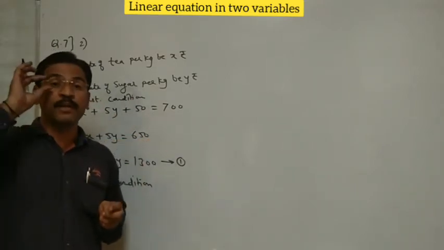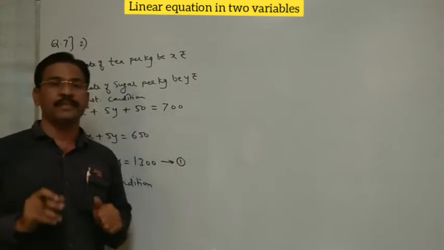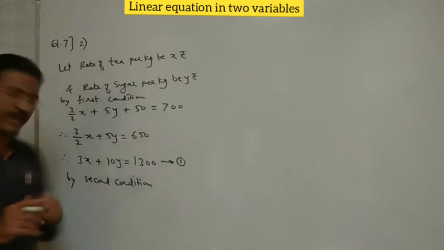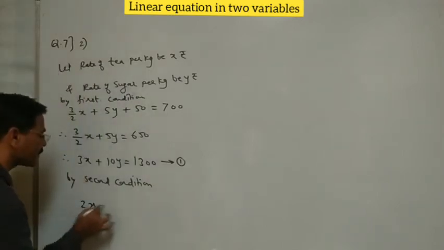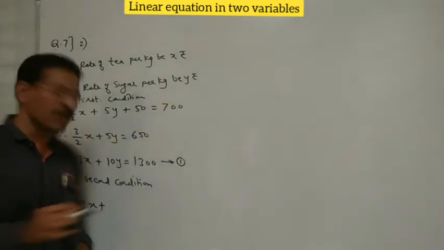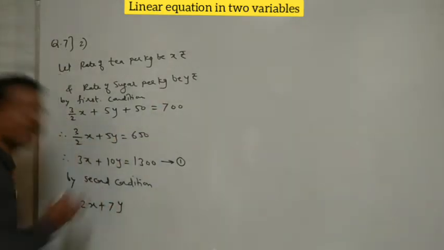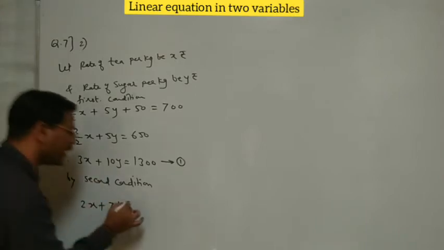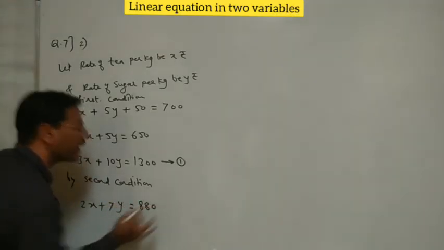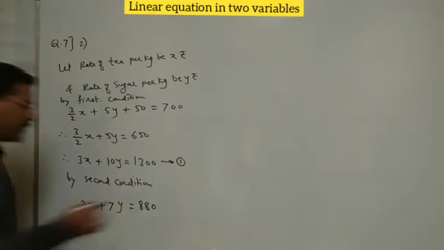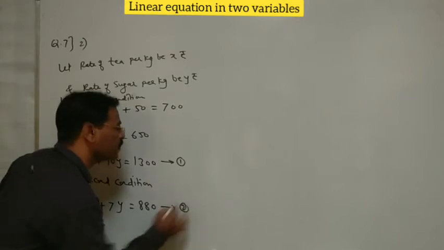So in the next month she ordered online only. So 2 kg of tea means 2x plus 7 kg of sugar, 7y. So no rickshaw fare here. Directly she paid 880. Look, this is already in need form. That is our equation number 2.